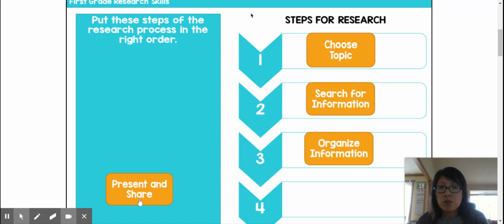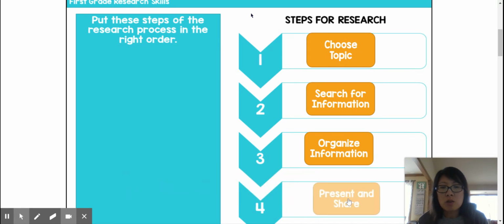And then the last step, once you have chosen a topic, looked for information on that topic, organized and understood that topic or the information you have gathered, the last step is to share your knowledge or share your facts. Okay, so as you get older, I know even in second grade, third grade, when we do a research project in computers class, there is always an activity where you share that information, whether it's making an animal book on the computer or doing a presentation for your classmates in class.